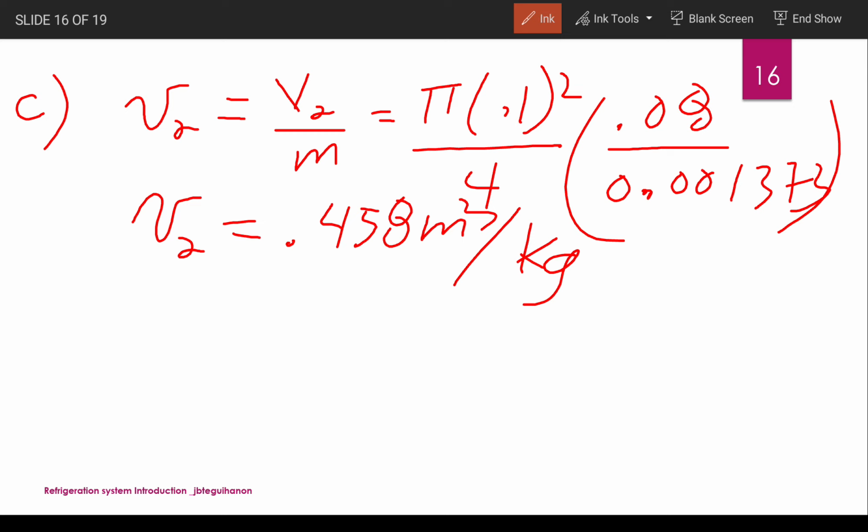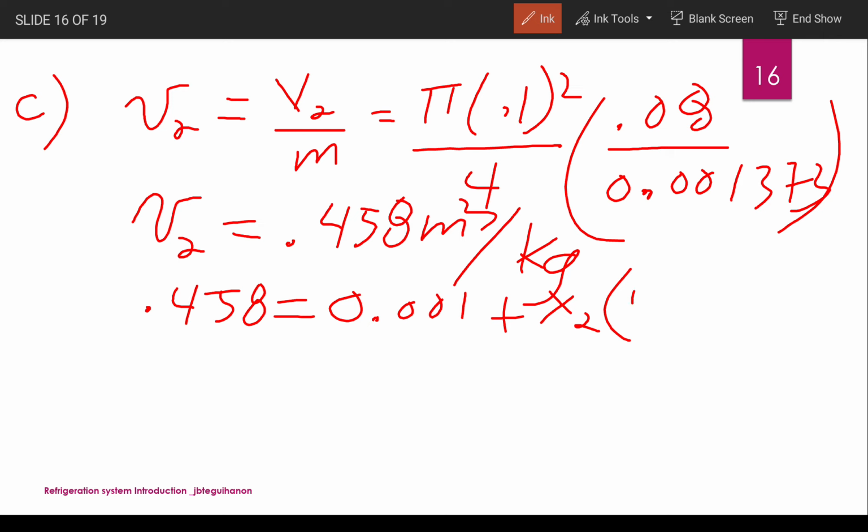Okay, we are going to have this: 0.458, that's specific volume 2, is equal to 0.001, that's the specific volume of liquid, plus x2, this is what we are going to find, times the specific volume of vapor, 1.428, minus 0.001.